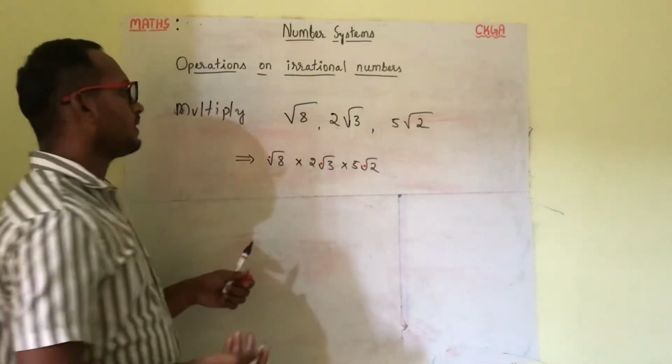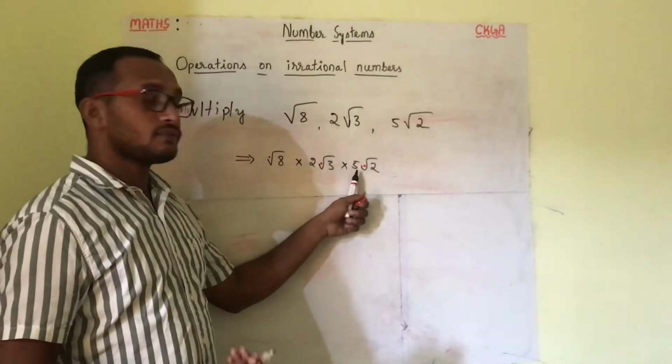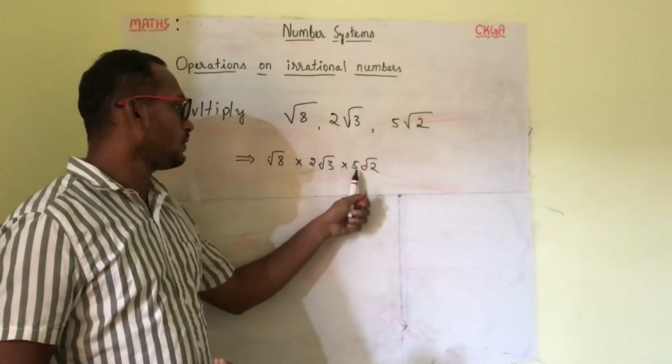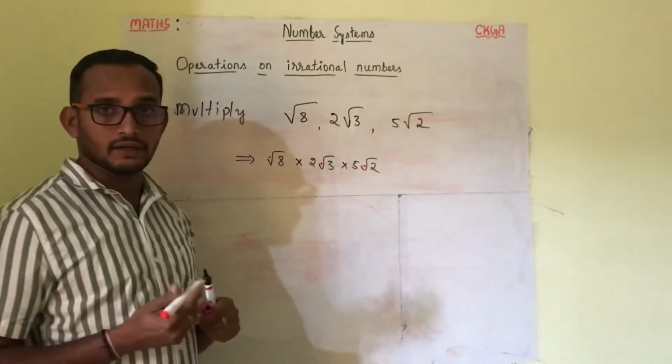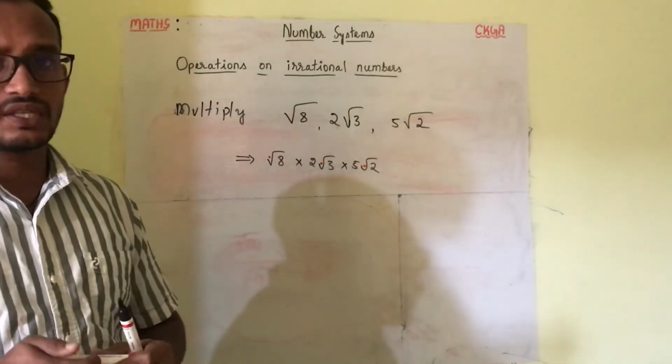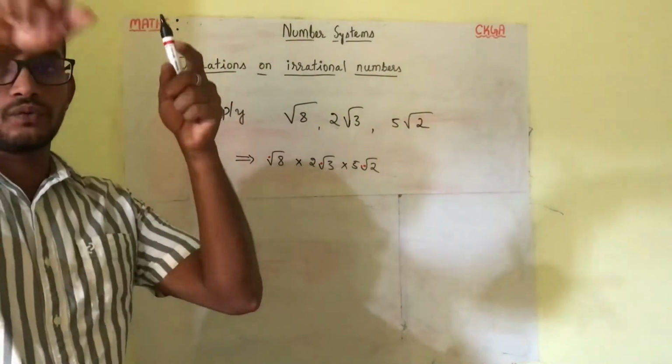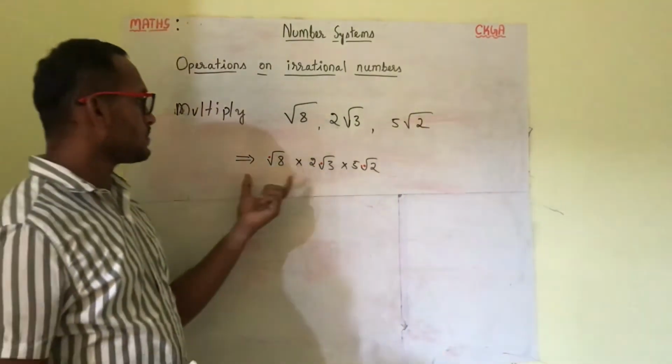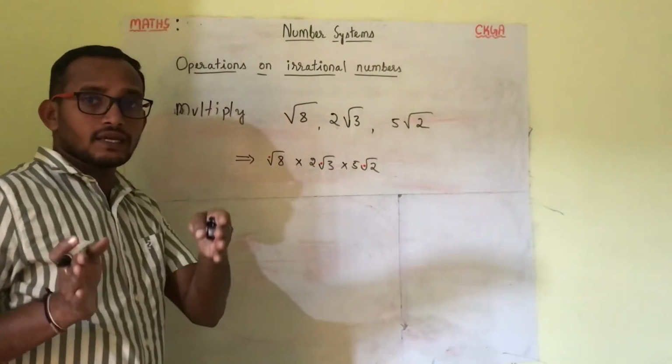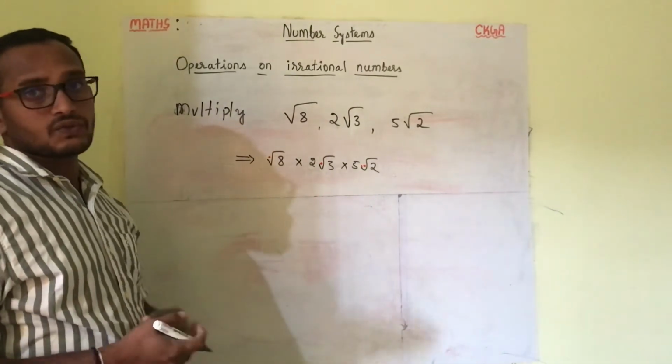Even though there are different numbers, like here 2, here 5, and here 1, you don't care about those numbers. You just think about the order of the root. Once you conclude they have the same order, then you start the procedure.